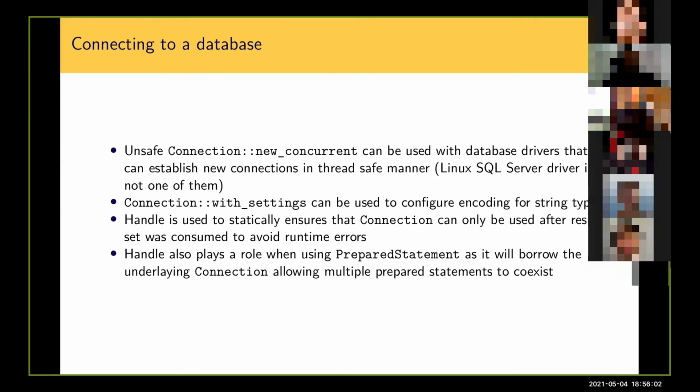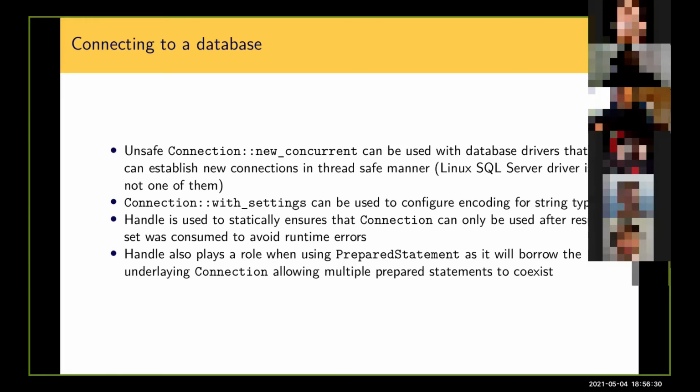And I learned the hard way that SQL Server does not like that, at least the driver that I'm using under Linux. Basically you have to make sure that you connect only from one thread at a time. So by default, it will be managing this through a mutex. But there is an option, for MonetDB for example, where you can use this unsafe one, and here you are basically declaring that your driver can do this safely.